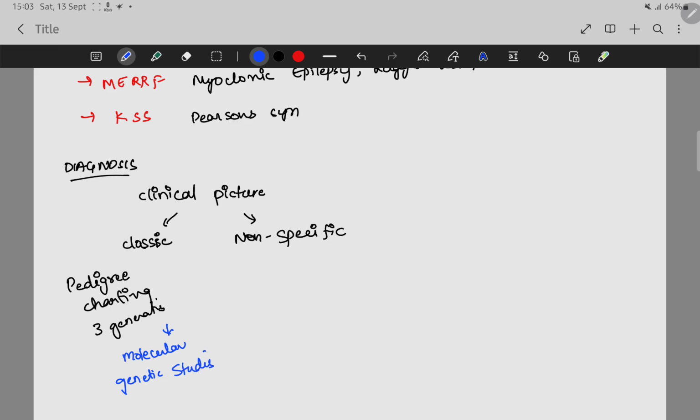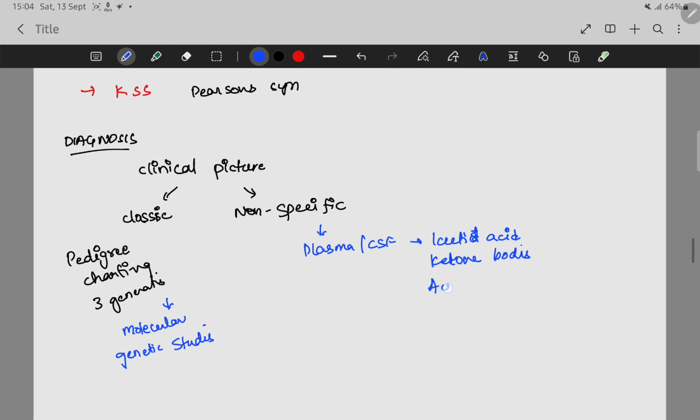In the non-specific cases, we can check the plasma or CSF levels of lactic acid, ketone bodies, carnitine, and urinary organic acids.